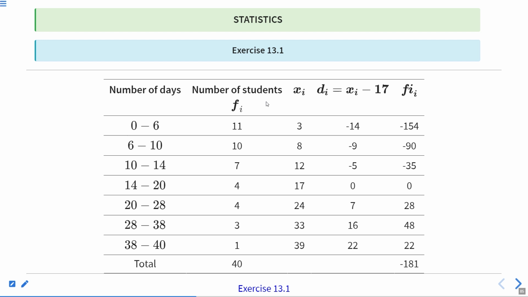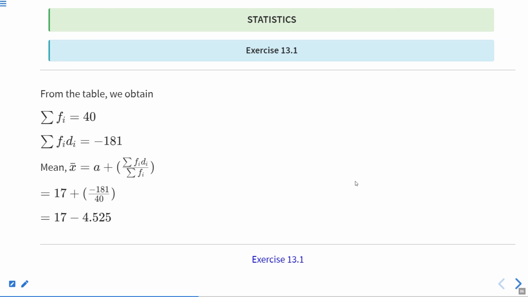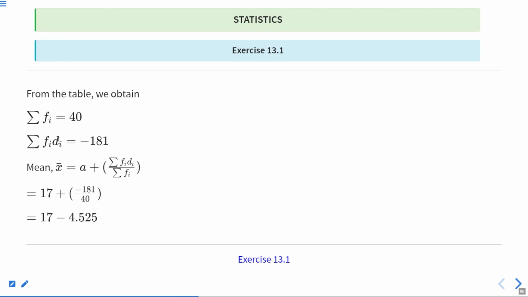Now summation fi is equal to 40 and summation fi di is minus 181. So the mean x bar is equal to a plus summation fi di by summation fi, which is equal to 17 plus minus 181 divided by 40, which is equal to 17 minus 4.525.